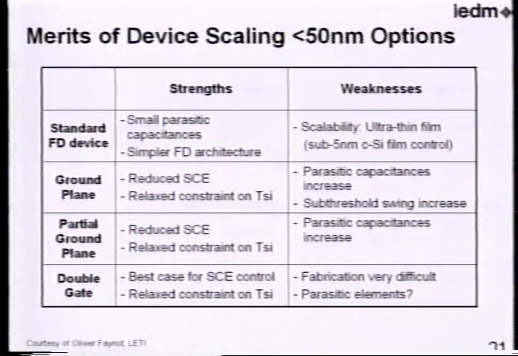The standard floating, fully depleted device obviously has strengths. It has small parasitic capacitances and a simpler device architecture. But it certainly has weaknesses, and we'll see that one of the key weaknesses in trying to scale to fully depleted is trying to make the thin body.